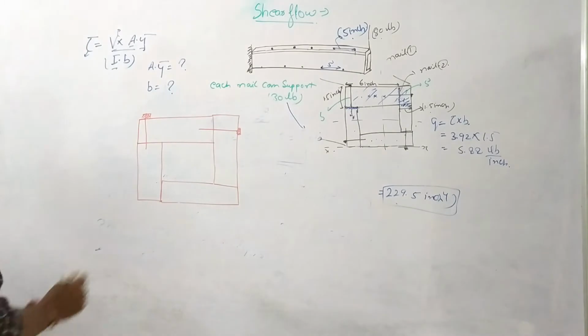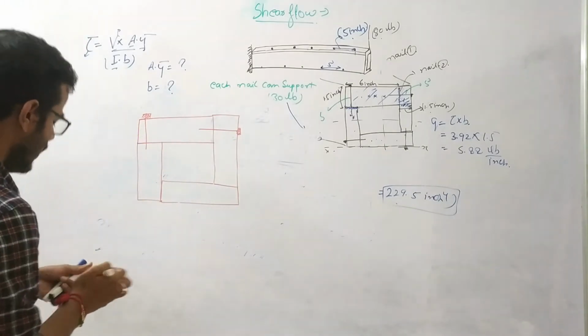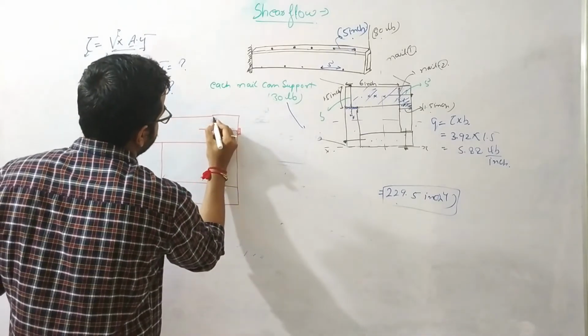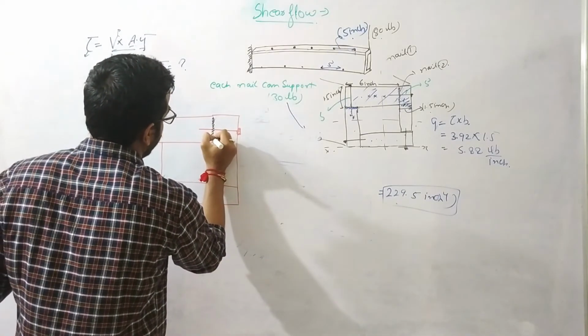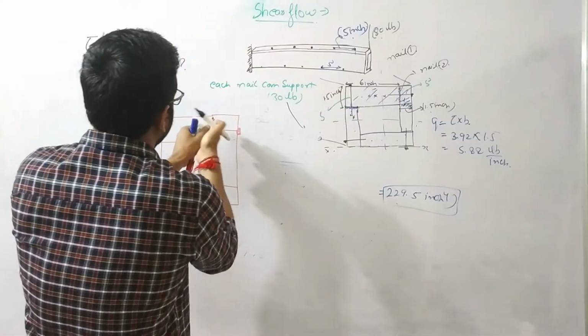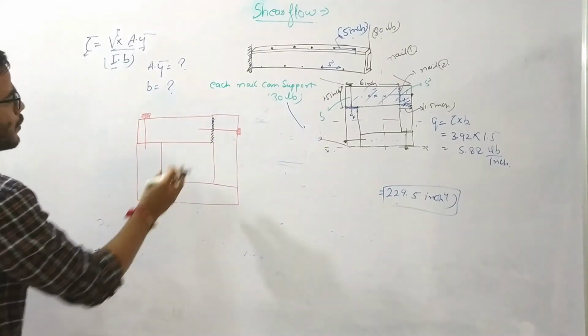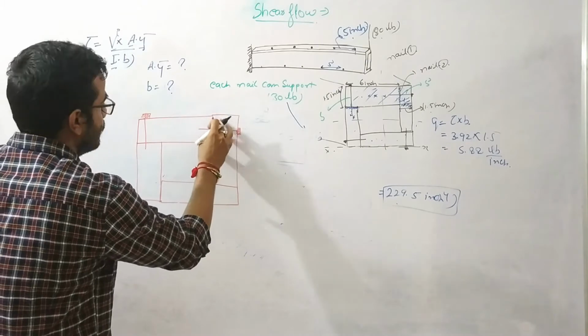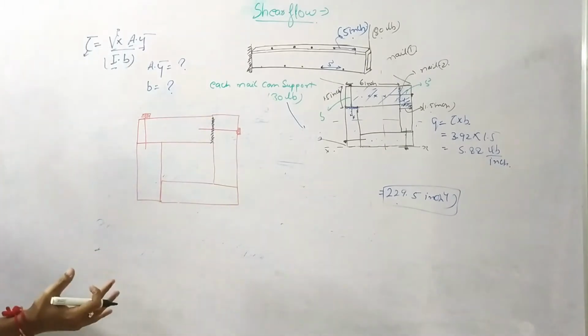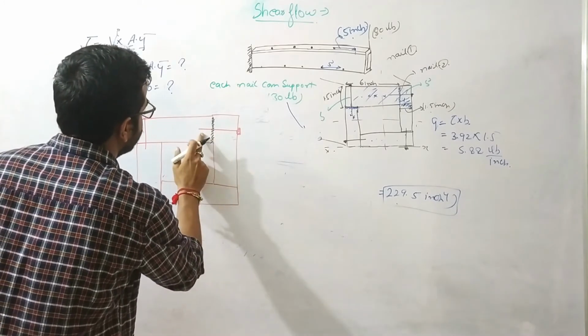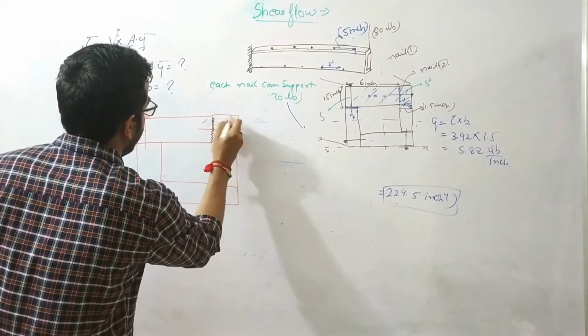Now I need to calculate the spacing of this nail. You can see that the shearing area for this nail is this one. This nail is resisting this shearing. So I need to calculate the shear stress generated at this point. That is our primary aim, because that shear stress will be taken care of by the nail, because the nail is restricting the relative movement between these two parts.